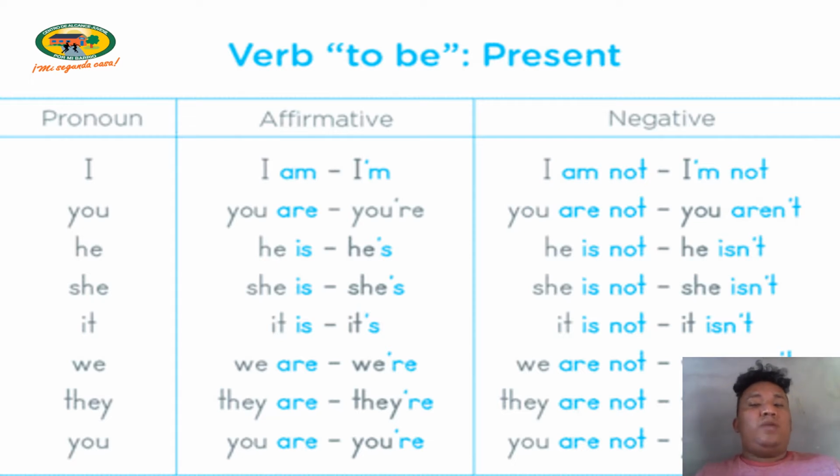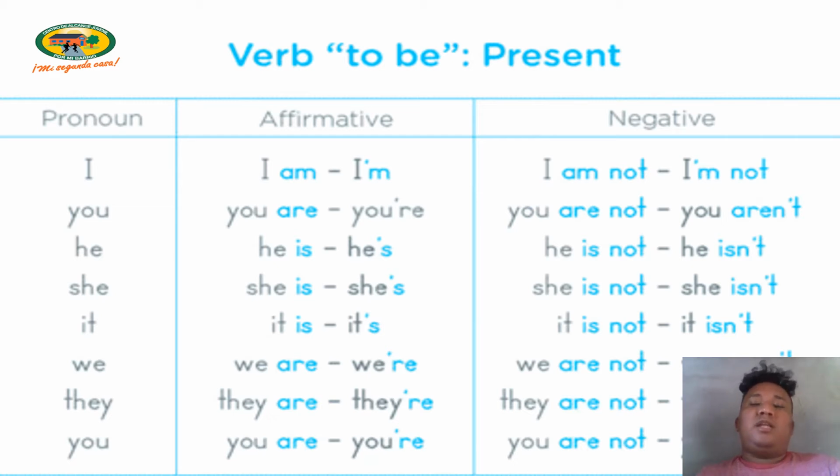Tenemos yo, tú, él, ella, él para usar con animales y cosas, nosotros, ellos y ustedes. Tenemos la estructura de la forma afirmativa y de la negativa. Es tan fácil de usarla. Tenemos la forma corta y tenemos la forma larga, que es la corta es cuando utilizamos contracciones y la larga es cuando usamos la forma normal.